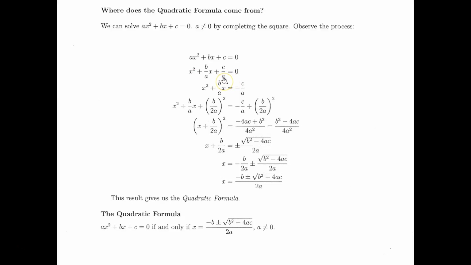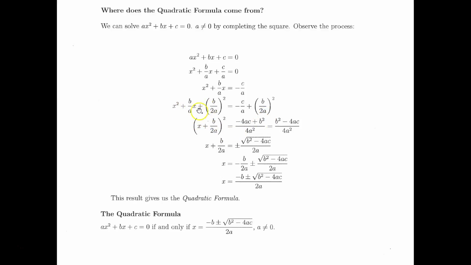Then we can subtract c over a to bring the constant term to the right-hand side. To complete the square, we take half of the coefficient of x and we square it. Half of b over a is b over 2a, and we're going to square this number and add that number to both sides.